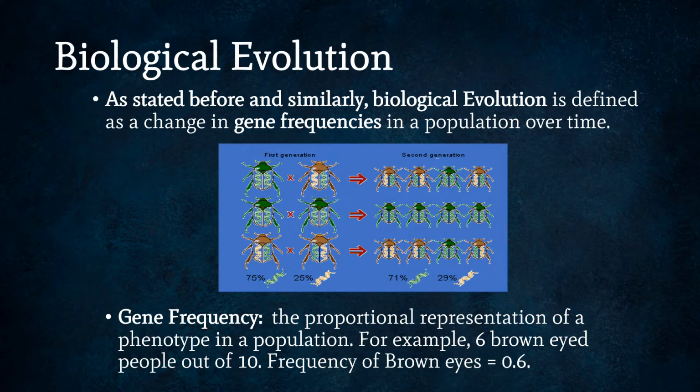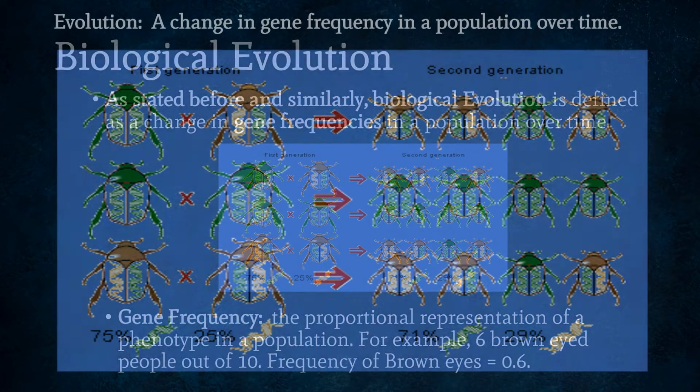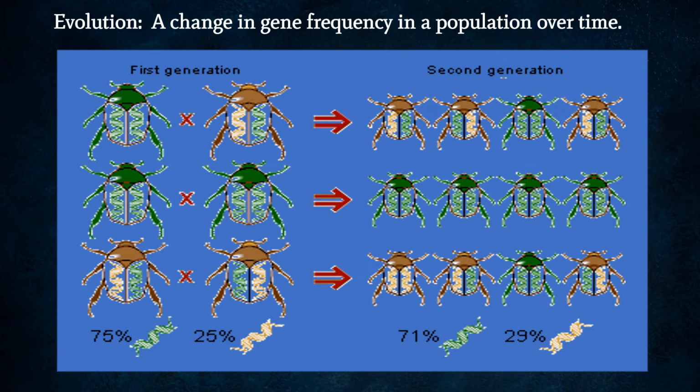For example, 6 brown-eyed people out of 10. The frequency of brown eyes is 0.6. So gene frequency is just a number representing proportions of genes in a population. Again, evolution is a change in gene frequency in a population over time.